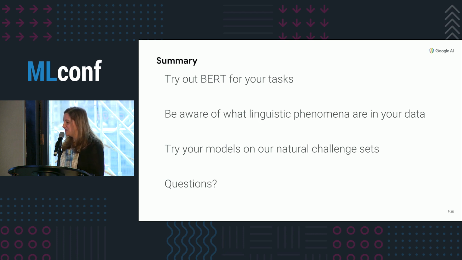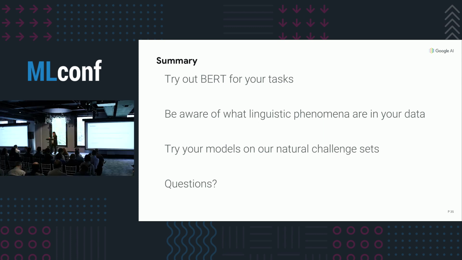So there's a couple new datasets out of the Allen Institute, AI2, that are created with what BERT can't do. One of them is focused on quantitative reasoning. One of them is focused on visual common sense. So I think we'll see more and more of these focusing on the weaknesses.